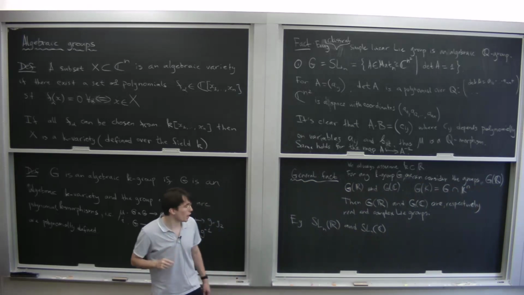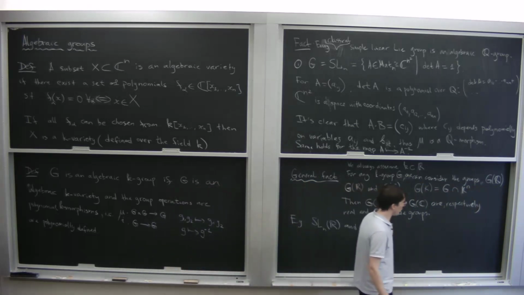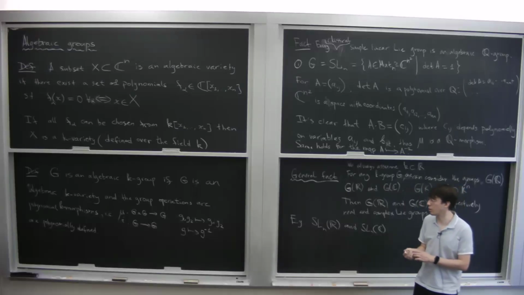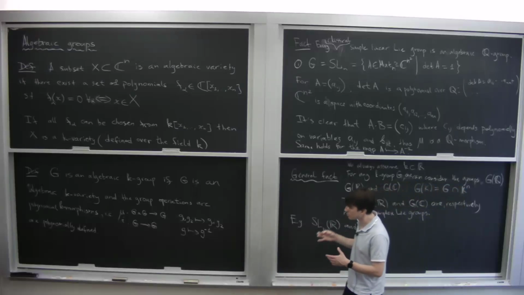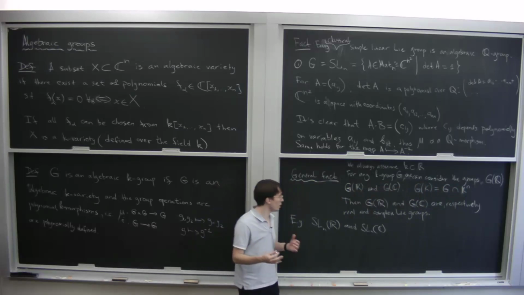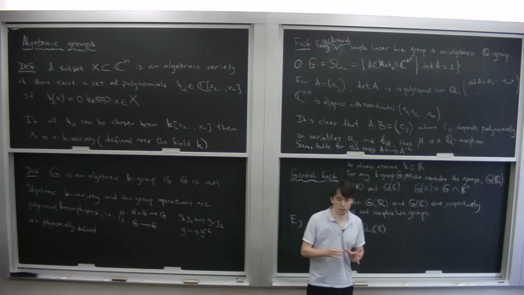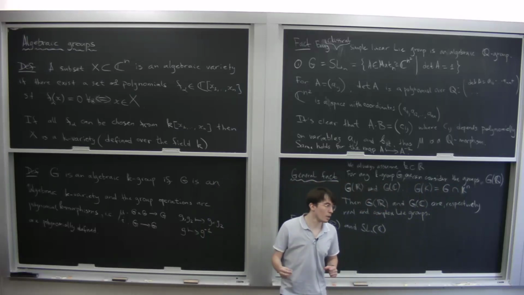I can also write the following fact: not all Lie groups can be viewed as algebraic groups. I would say that the categories of Lie groups and algebraic groups are generally different.